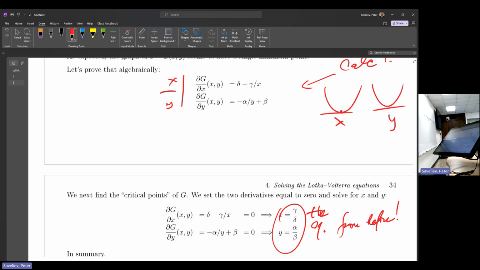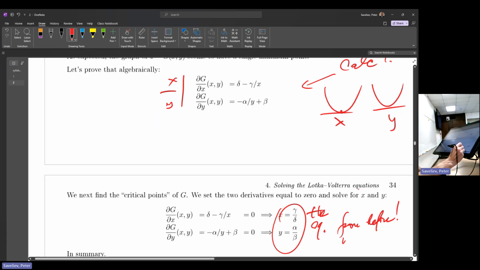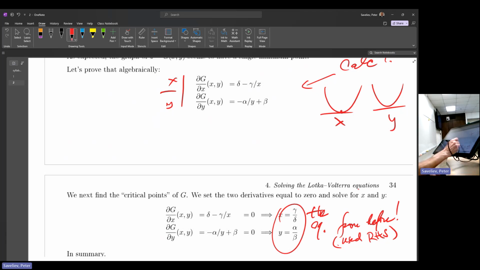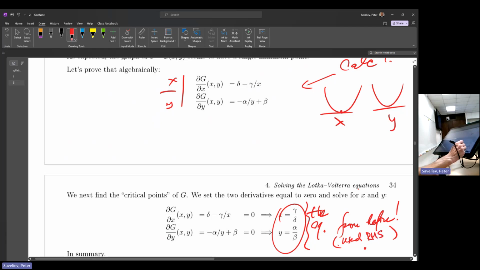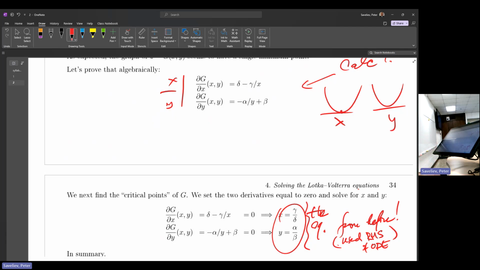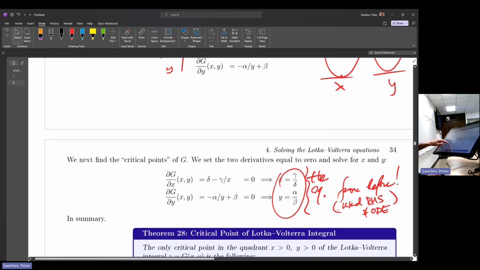We used the right hand side of the ODE, so in other words, we did not use G. We used the right hand side of the ODE. The effect was the same: where derivatives are equal to 0, we found that special point. The answer is the same naturally, but we did it in an entirely different way.